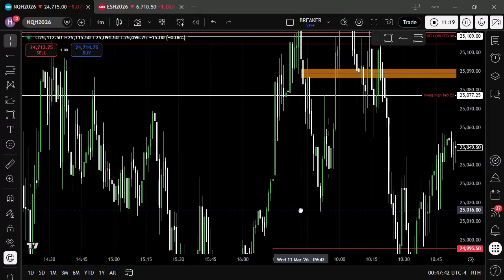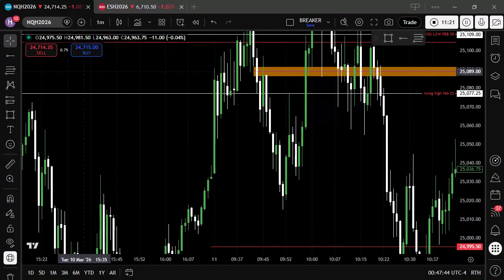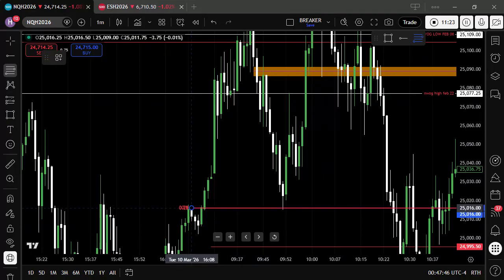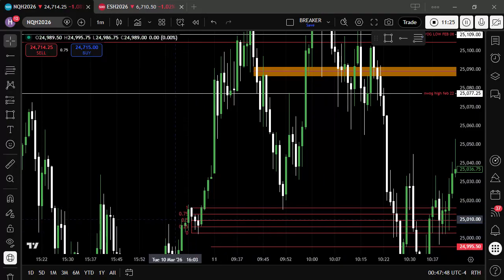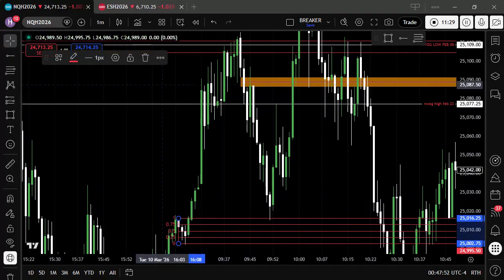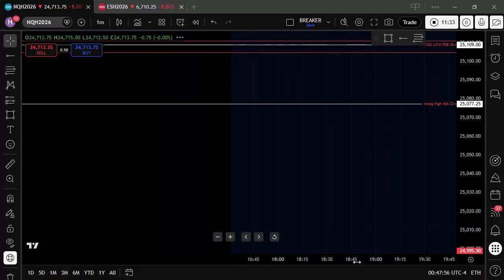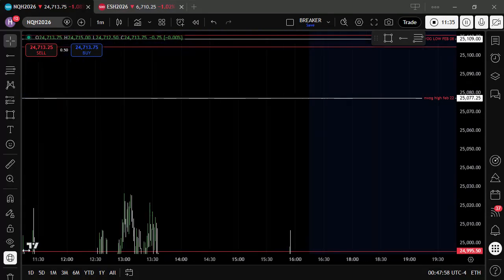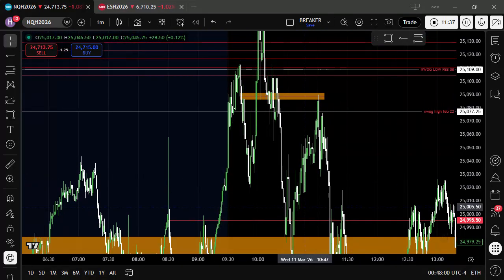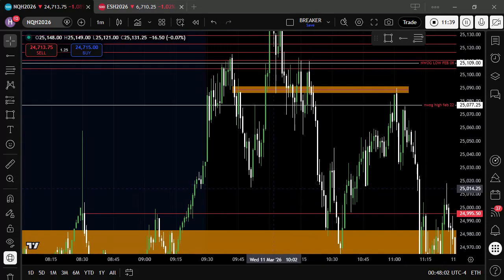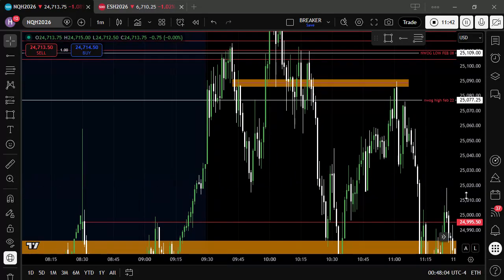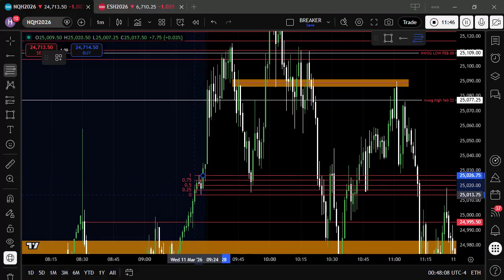As you can see here, instead of sweeping all the liquidity, all it did was hit this order block that was formed the previous day. Oh, I'm in regular trading hours. Let's go back to electronic trading hours. Pretty sure it does the same. Yeah, so you can see here, it strikes this order block that was formed here, and then it propels higher.